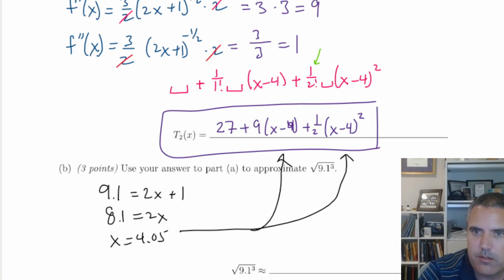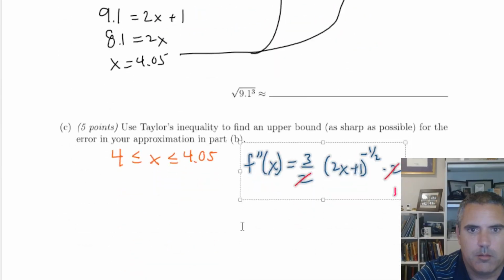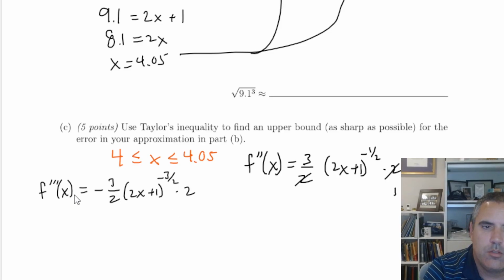So I'm going to just grab the second derivative and then come down and work from there. So the third derivative is negative 3/2 times (2x plus 1) to the negative 3/2 times the derivative inside, which is 2.